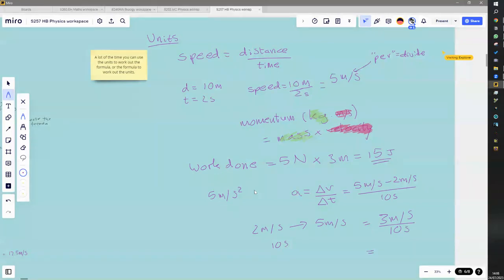So again, how would we do that in algebra? Well, we've got 3 over 10, which is 0.3 m over s, and we've got it over s again.